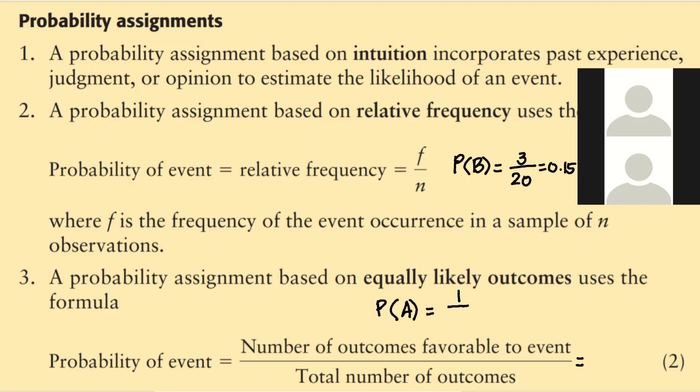And over the total number of outcomes, we have two choices, true and false. So that is 1/2, or 0.5, or that is 50%.